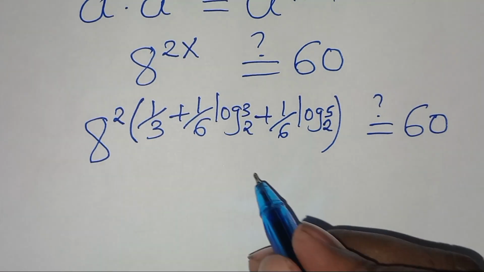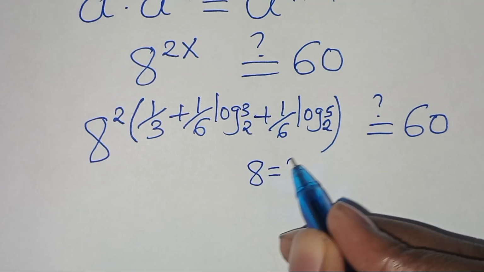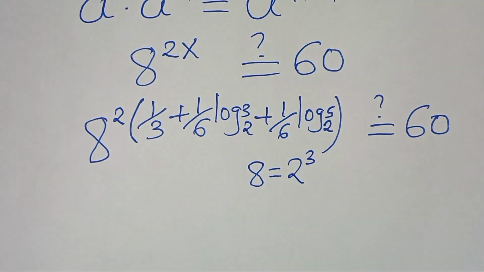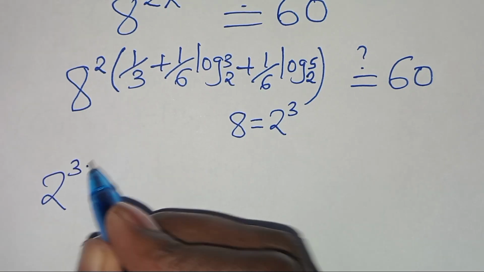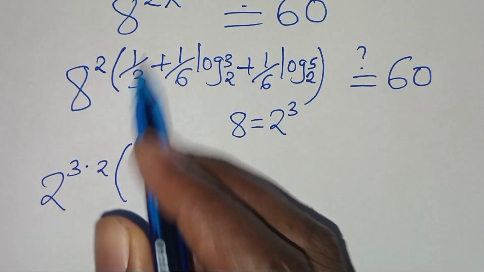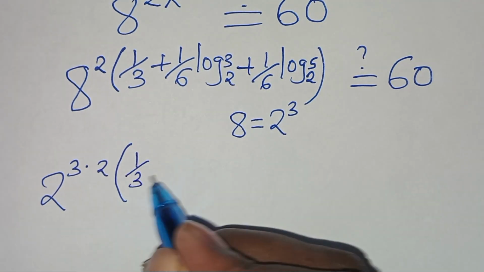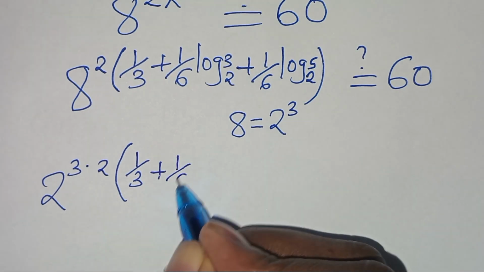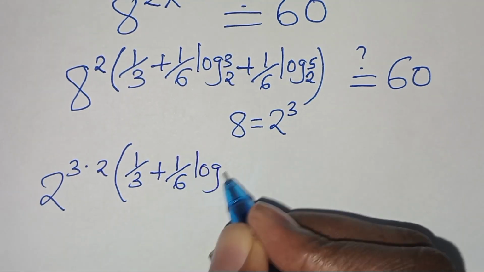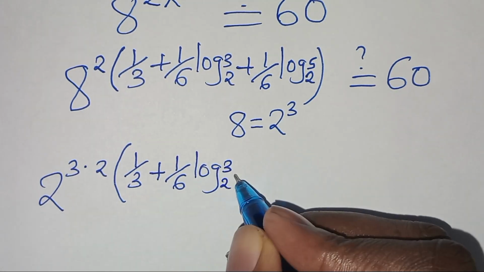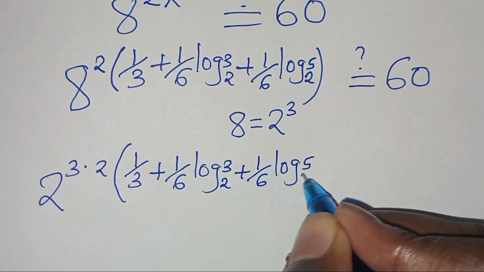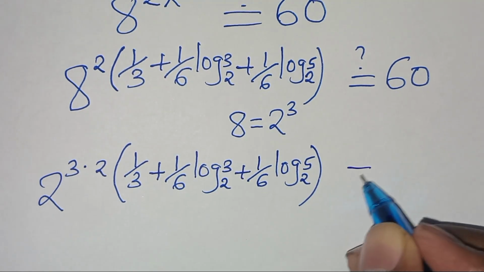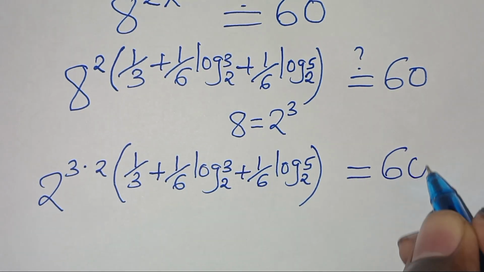The next step is that we can express 8 as 2 to the power 3. So this implies that here we have 2 to the power 3 times 2, into the parentheses, 1 over 3 plus 1 over 6 log 3 to base 2, plus 1 over 6 log 5 to base 2. This should give us a value of 60.